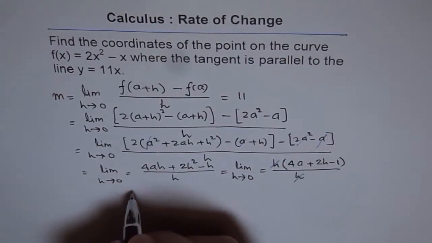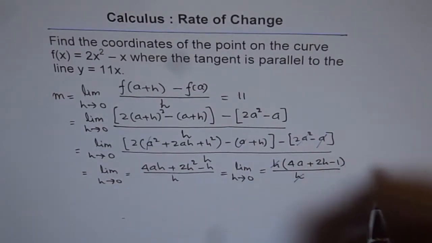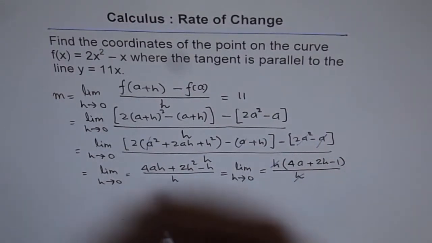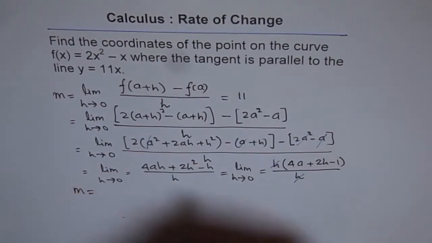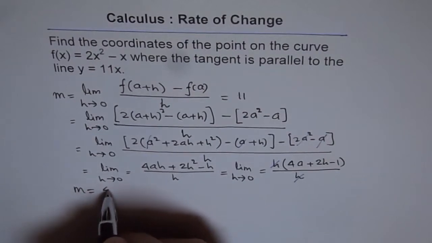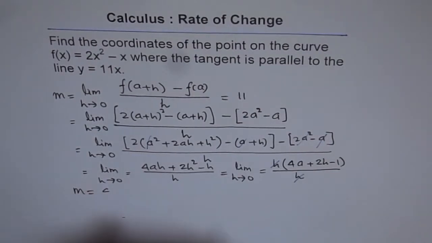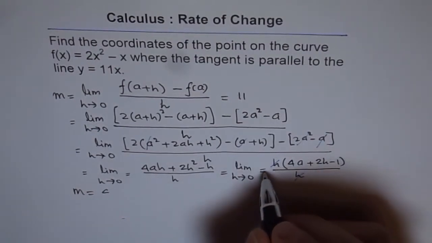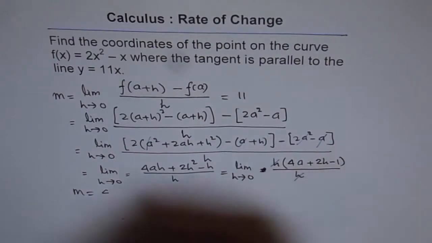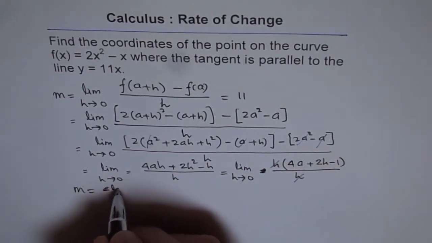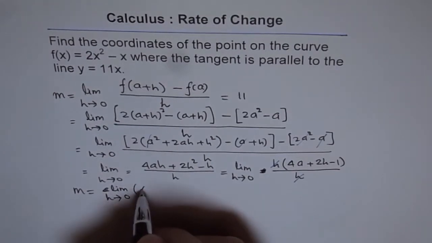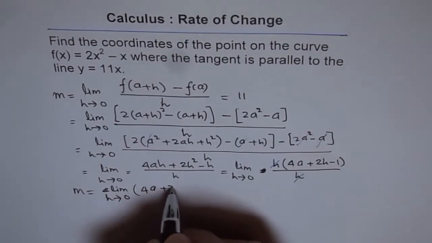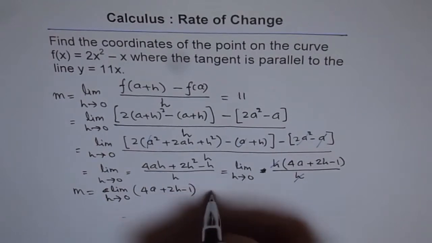So we say m is equal to the limit as h approaches 0 of 4a plus 2h minus 1.